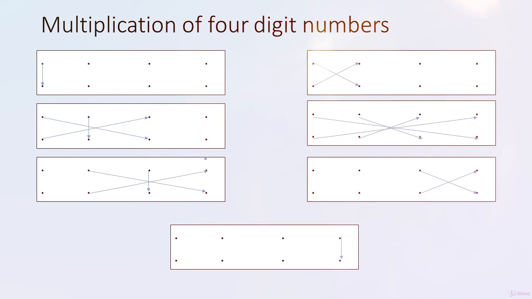The only new pattern which has appeared is for the fourth digit, and after that the patterns repeat themselves. So it is not hard to learn these patterns. Once you learn these patterns, the multiplication between 4 digits will be very easy.